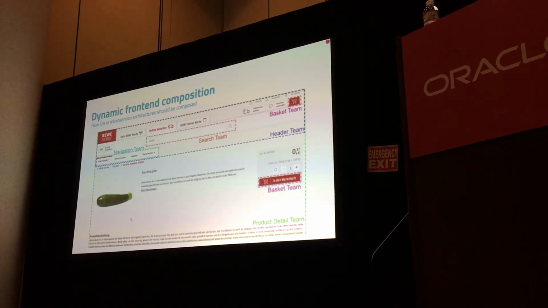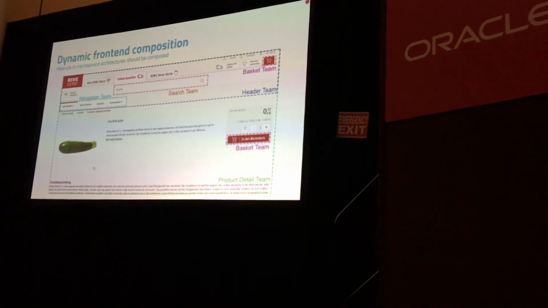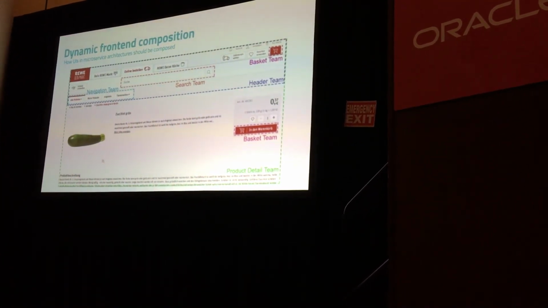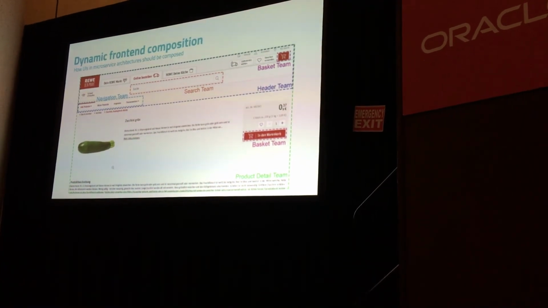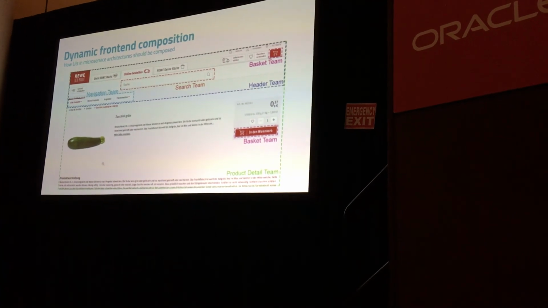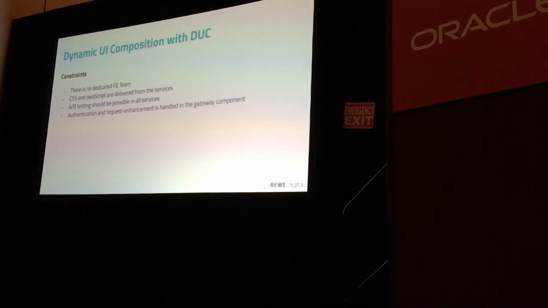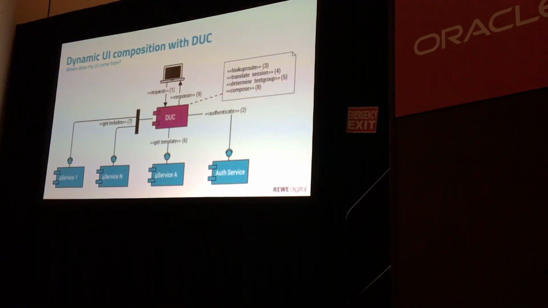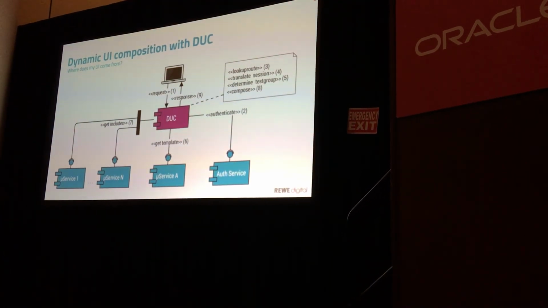It would include everything the product detail service already knows, so the product picture, the product details, and product description would be in there, but there would also be includes in there, special HTML text which shows this gateway component there's more to do. And what happens then, the template gets back, and in 7 on the left side, the includes are resolved.